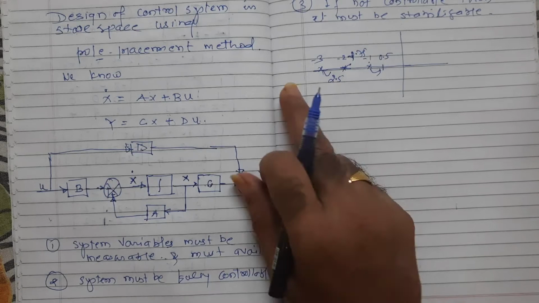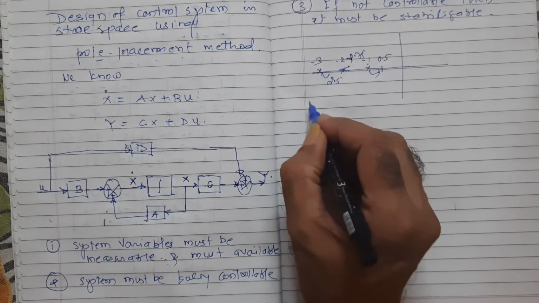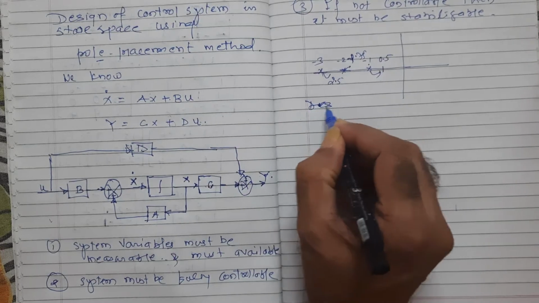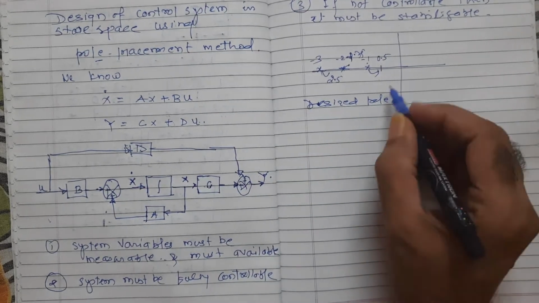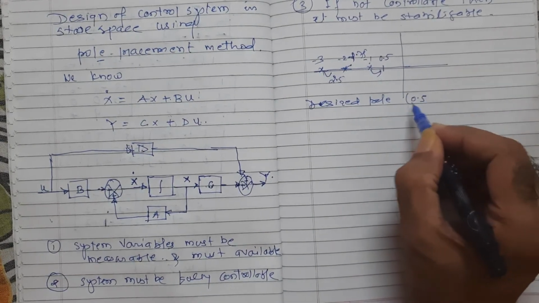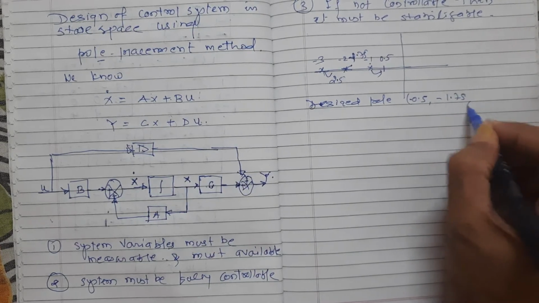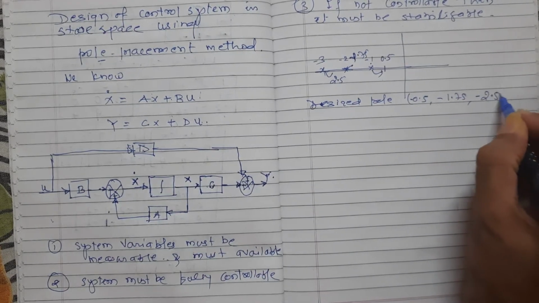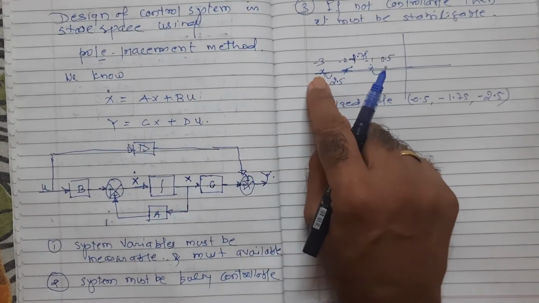Now see here, these are my desired poles: -0.5, -1.75, and -2.5.